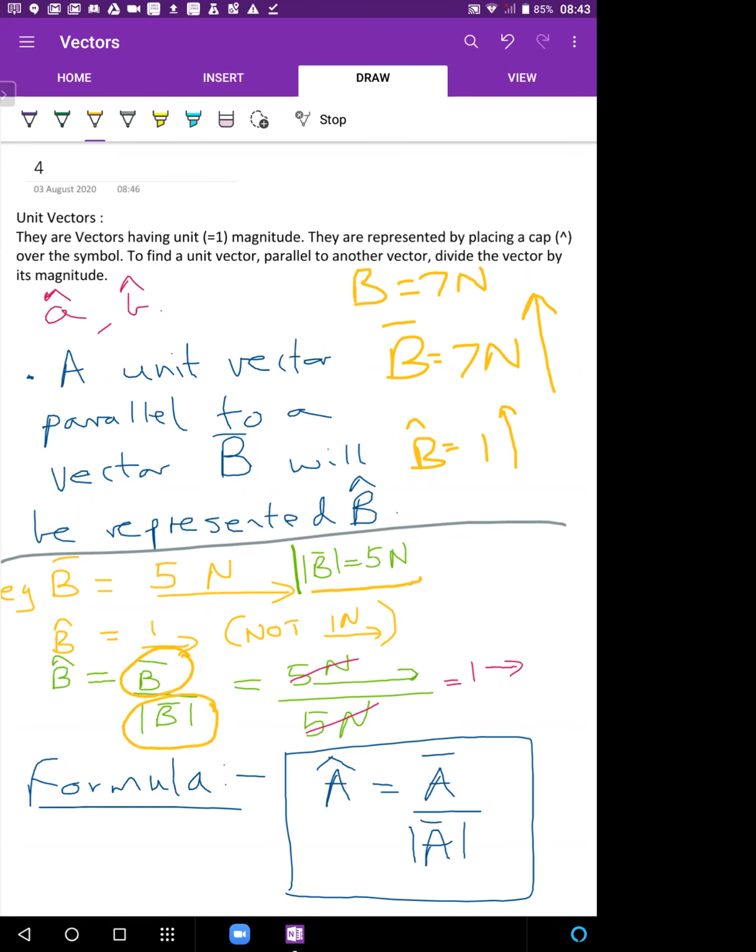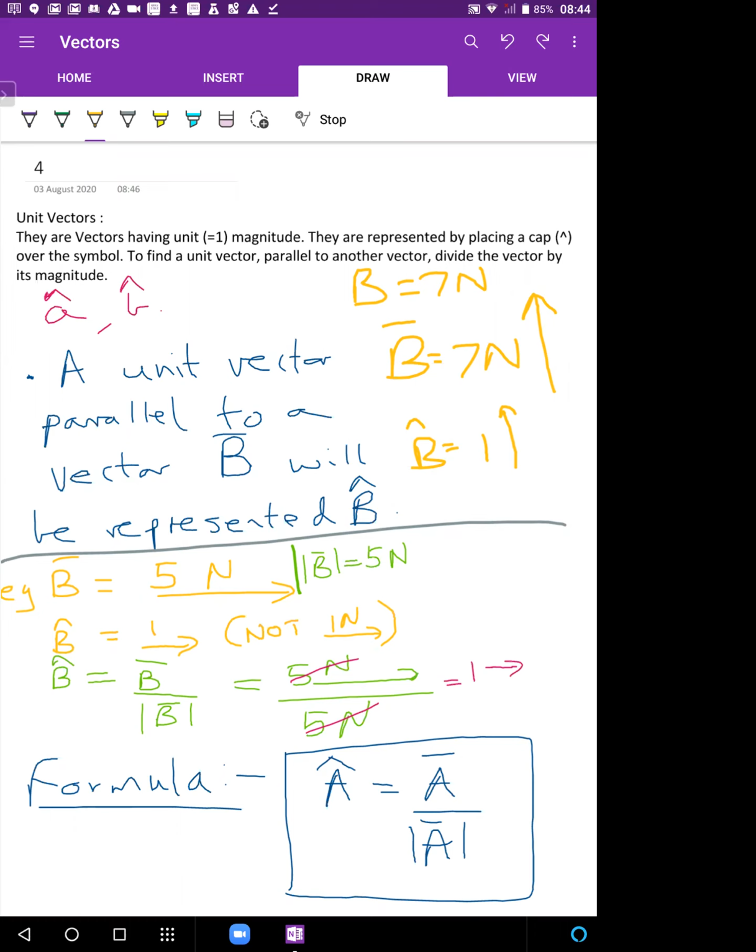The claim is that dividing the vector by its magnitude gives B cap. So look, the vector was 5 Newton towards right, and the magnitude was 5 Newton. So 5 Newton towards right upon 5 Newton will have the 5 Newton cancel out, and won't I be left with 1 towards right? Doesn't the formula now make sense?